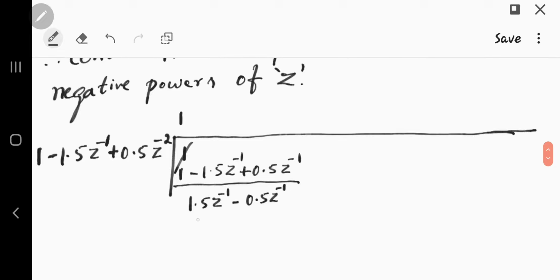Next, I have to eliminate 1.5 z inverse. Since the first term is 1, I just have to multiply with 1.5 z inverse. So 1.5 z inverse minus 1.5 into 1.5 will give 2.25 z inverse plus 1.5 into 0.5, 0.75 z to the power of, if you observe, we have z inverse and z inverse, so this power will become 2 and this power will be 3 here.